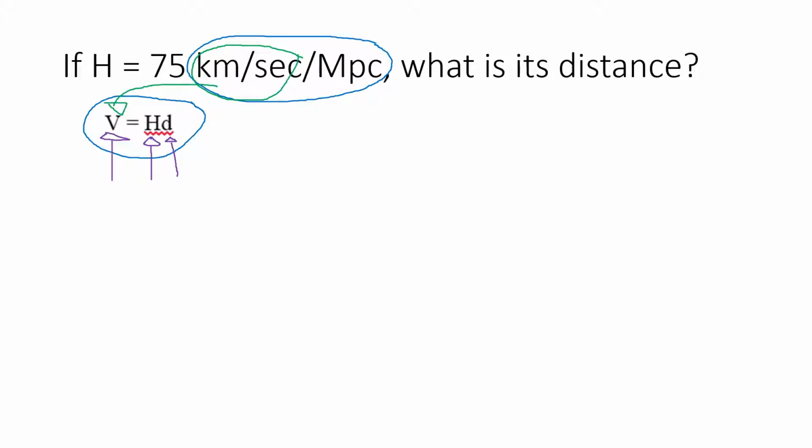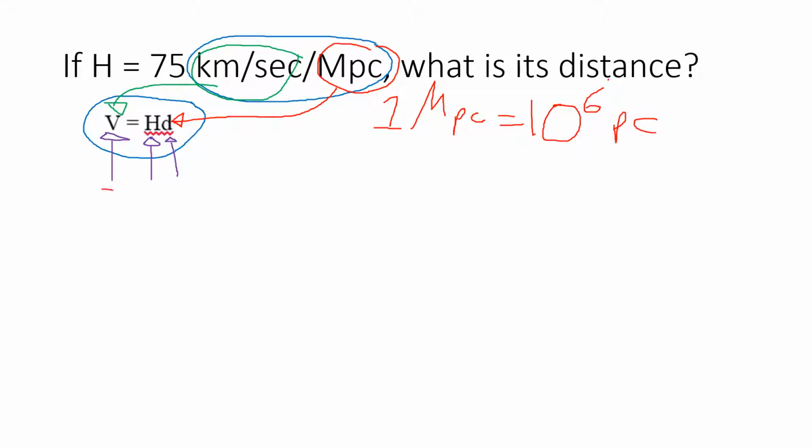The recessional velocity is given in kilometers per second. The megaparsec refers to the distance. So the distance is going to be given in megaparsecs. And a megaparsec, 1 Mpc, equals 1,000,000 parsecs, or 10 to the 6th parsecs.